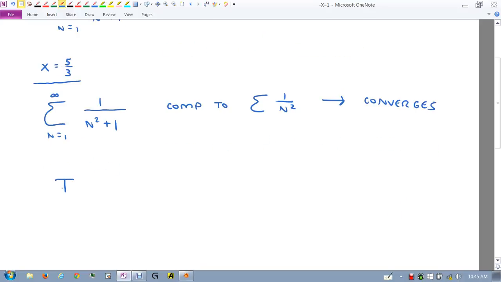So it will be 1 to 5/3, closed. That's it. Does this make sense? It's just inequalities and limits and just keeping track of things. Any questions?